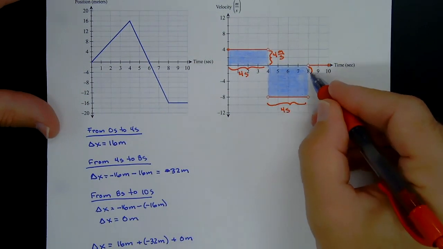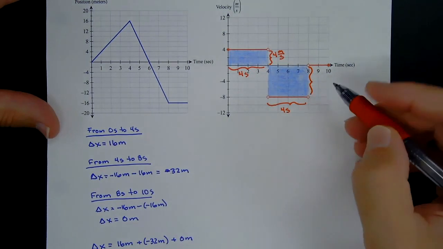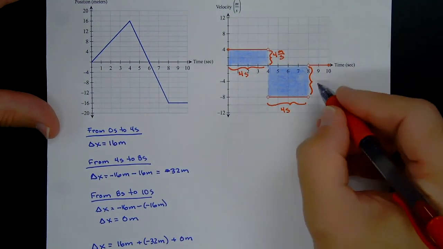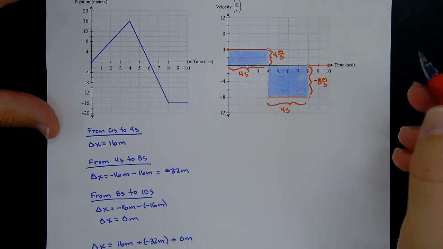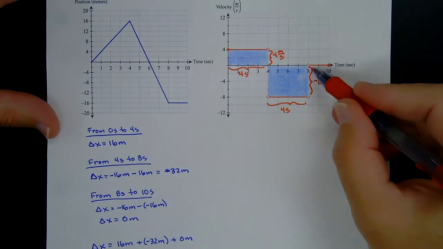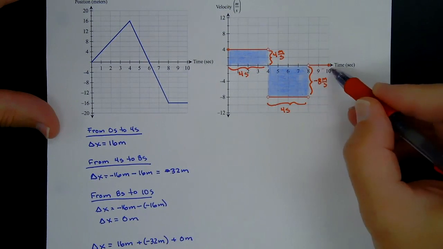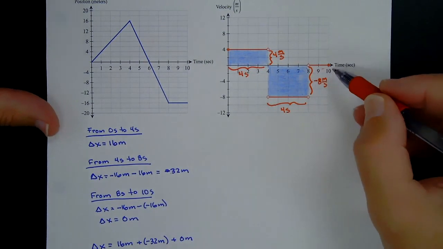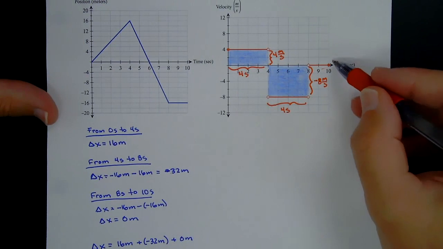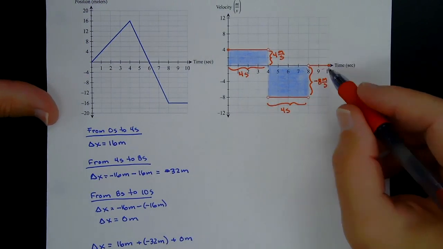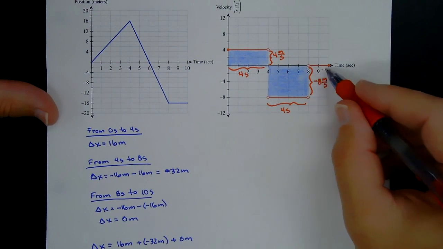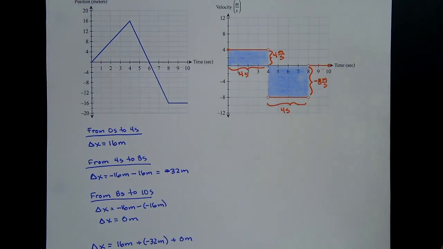The height of my rectangle would be this distance, which is -8 meters per second. And then this one right here, the change in time is 2 seconds, but there's no change in velocity, right? So there's no height to this. You could do 2 seconds times 0 meters per second. You could do it that way.